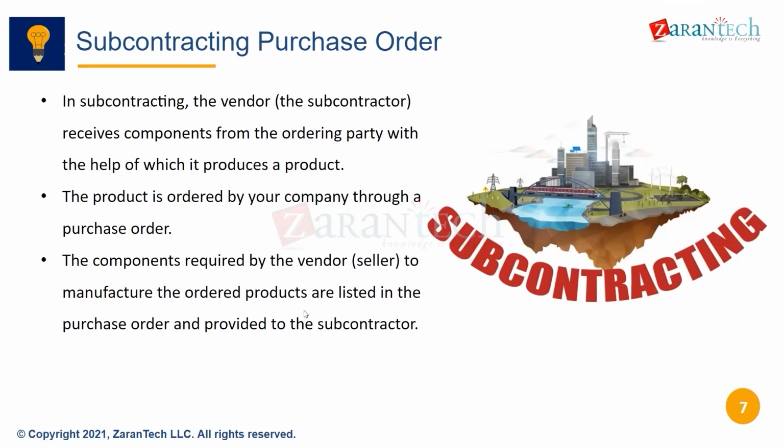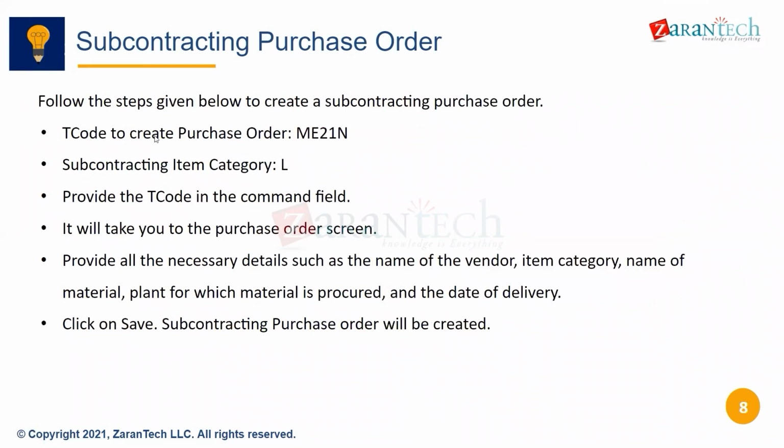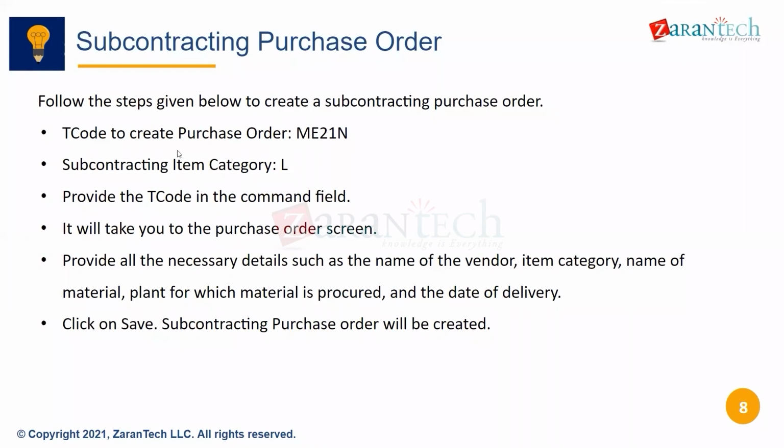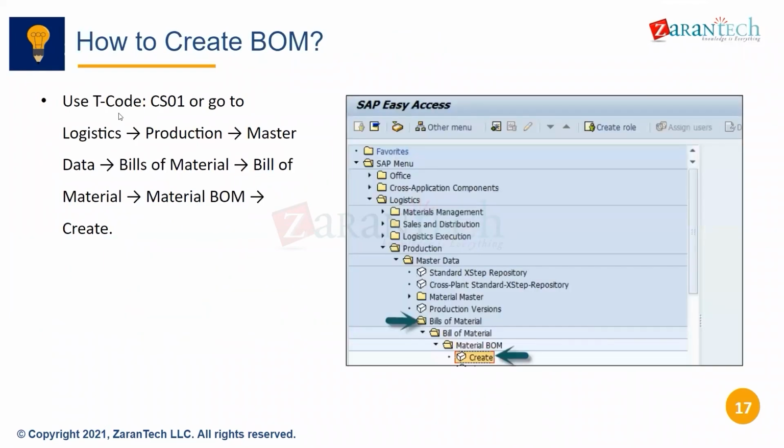The materials for manufacturing the ordered products are listed in the purchase order and provided to the vendor. We will maintain that material in the BOM. These are the steps. BOM means bill of material.